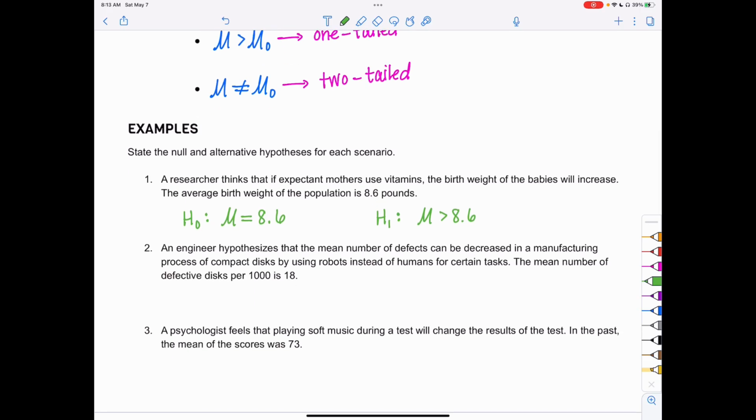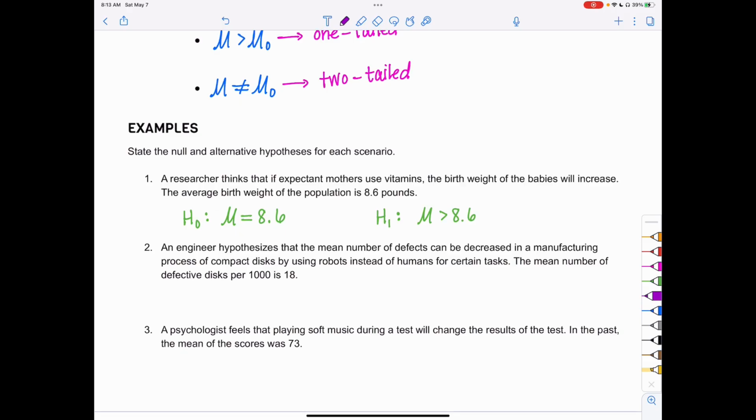Number two, it says an engineer hypothesizes that the mean number of defects can be decreased in the manufacturing process of compact discs by using robots instead of humans for certain tasks. The mean number of defective discs per 1,000 is 18.